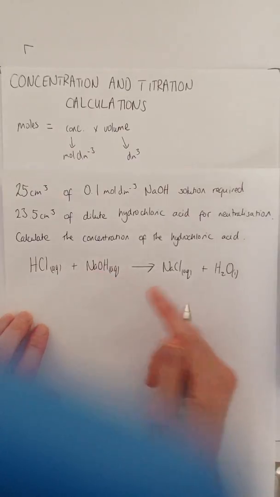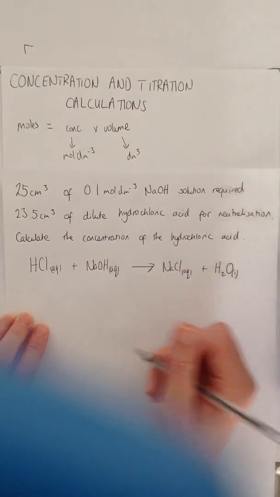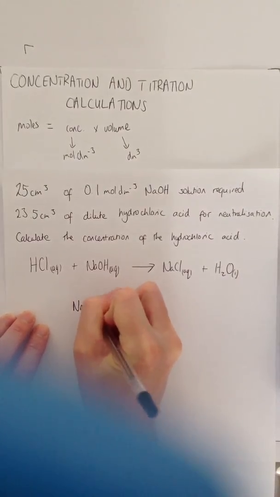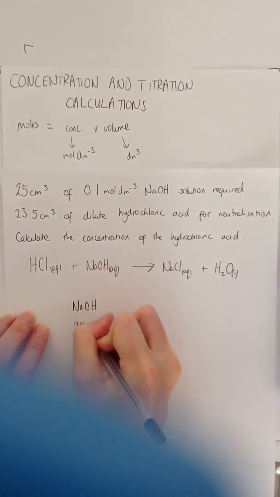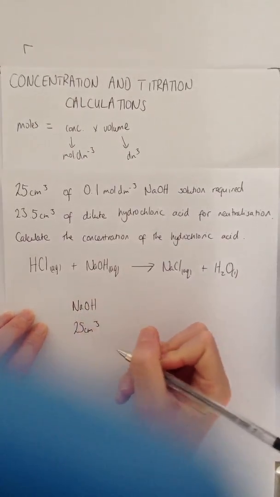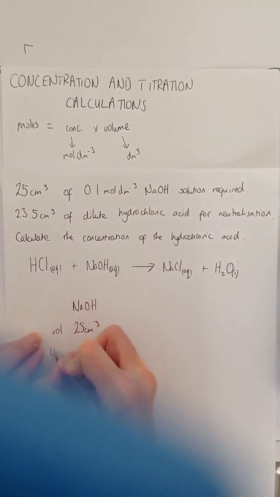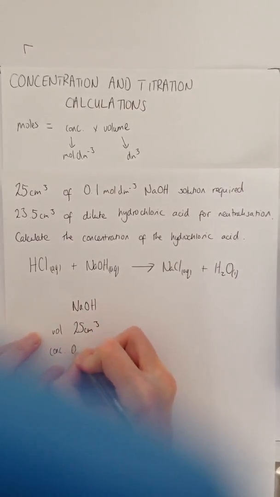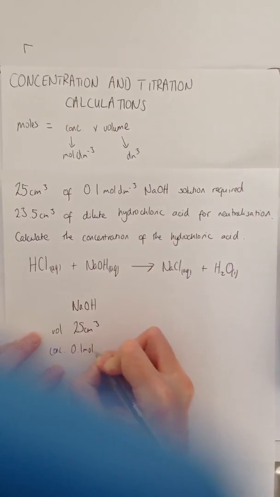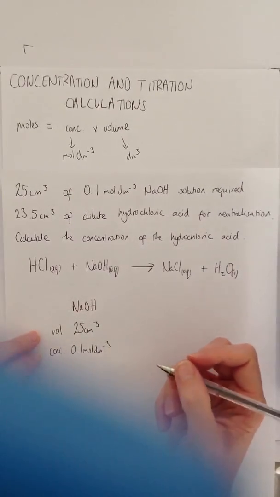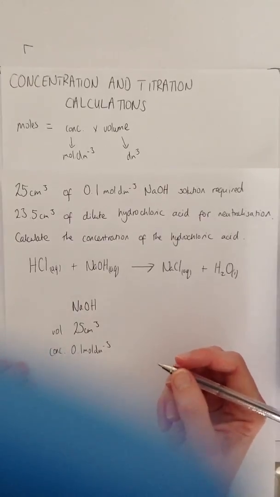We know we have 25 centimetre cubed of sodium hydroxide, so let's start there. And we know it has a concentration of 0.1 mole per decimetre cubed. From this we can work out the number of moles.